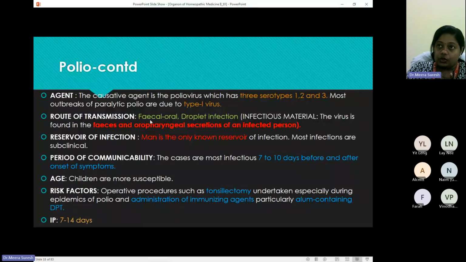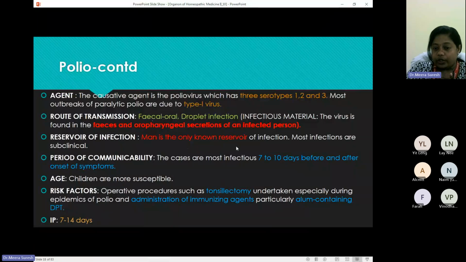So if the stool is not properly disposed, the disease can be spread by the fecal-oral route also, because the infectious material or the virus is present in the feces and also in the oropharyngeal secretion.